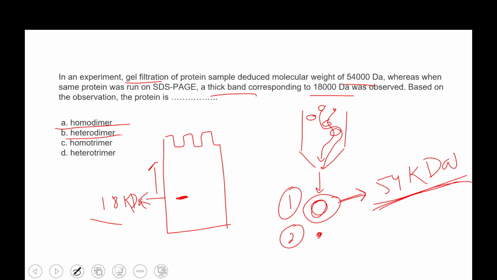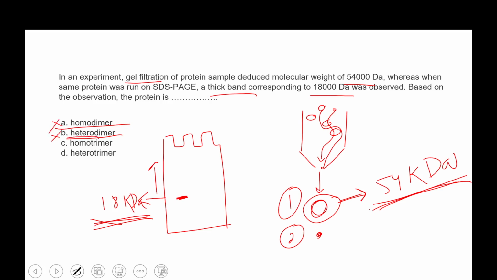Then the next option is heterodimer. If it is a heterodimer, the polypeptides will be of different sizes, but you are getting only one band of 18 kilodalton. That means all the polypeptides are of the same size, because of that only it is coming at the same size. So it is not a heterodimer.